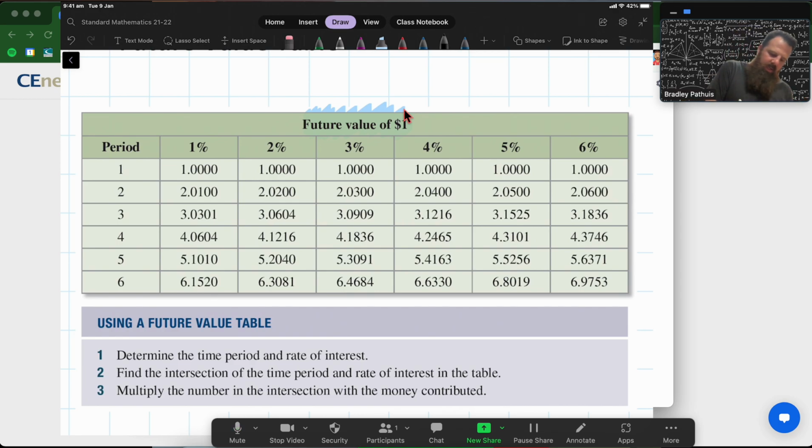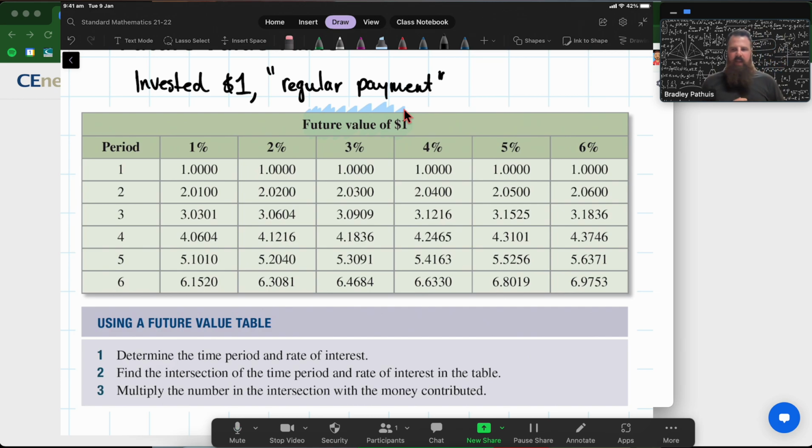And if we invested $1 into a bank account as our regular payment... Remember in that compound interest table we looked at, in the annuity we looked at putting a regular payment of $400 in, or taking away $500.